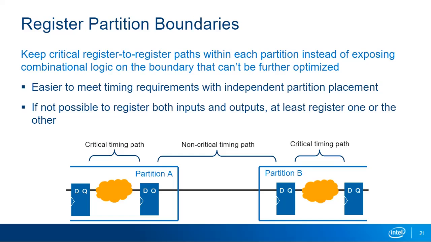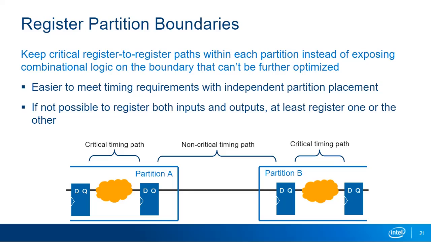To create good design partitions, especially for use with fast preservation, it is strongly recommended that all input and output ports of a partition be registered. This may not always be a viable option for your design, but it can make your work a lot easier later on. Registering inputs and outputs ensures that critical timing paths remain within a single partition.